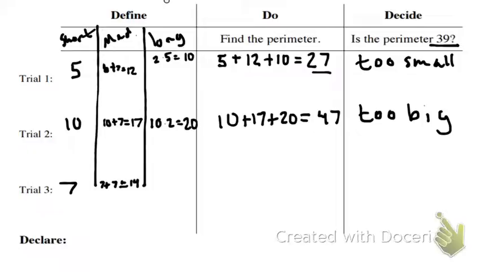Doubling it would be 7 times 2 equals 14. I'm a little bit worried because my medium and my long are now the exact same length. So we're going to have 7 plus 14 plus 14, which is going to equal 35.